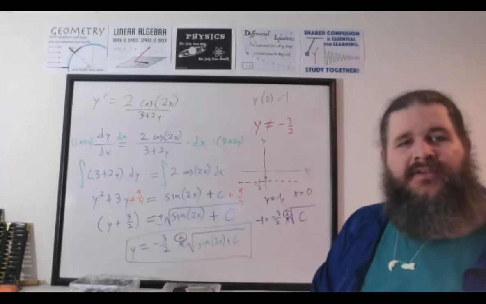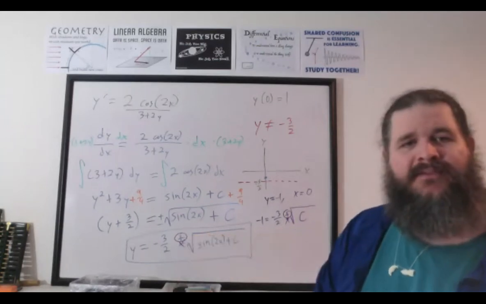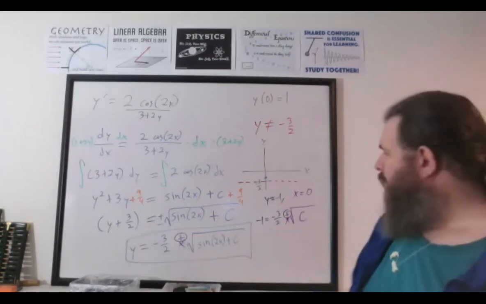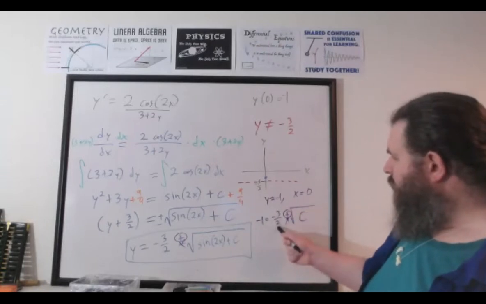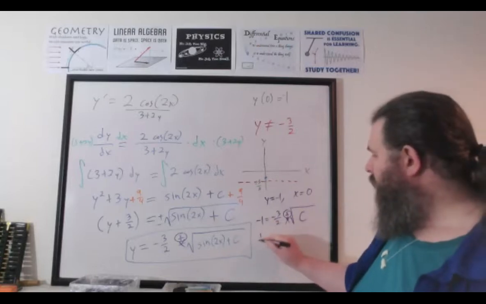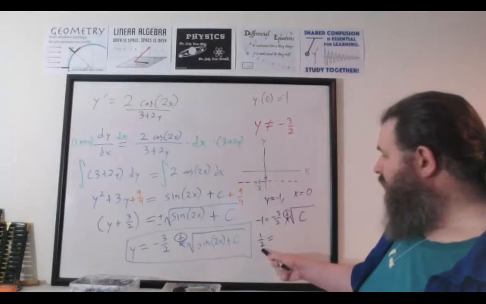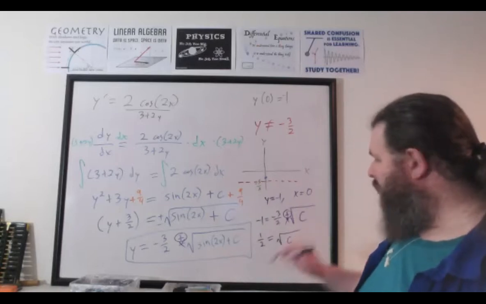So the initial conditions allow you to solve for c and also allow you to decide whether you should be using plus or minus, if there's a plus or minus sign. So we assume this is plus. To get rid of the -3/2, let's add 3/2 to both sides. -1 plus 1.5 is 1/2. Note that that's positive, which is another sign that this has to be positive. So 1/2 equals square root of c.